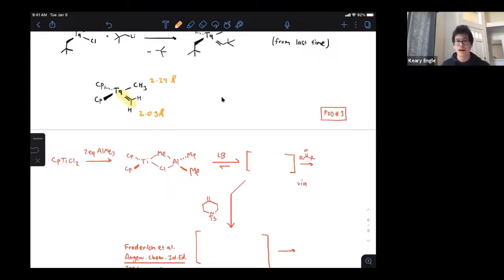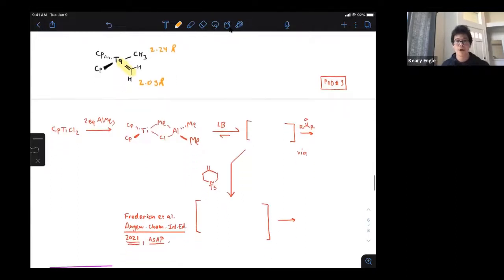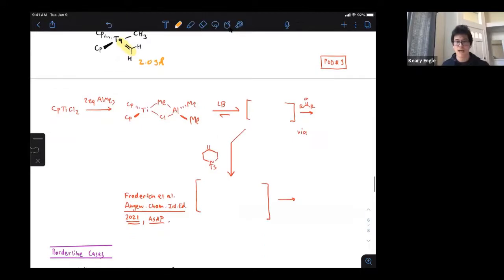So let's now consider reactivity of Schrock carbenes, and to do so, we will jump over to problem of the day number 3 from last time, which is restated here if you don't have your worksheet handy.